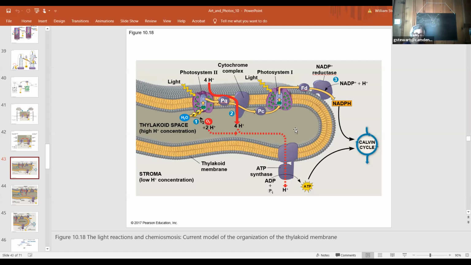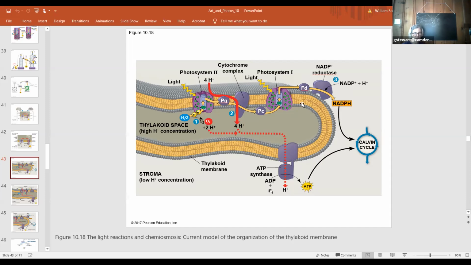And then real briefly, and I'm going to redraw my cartoon version of this picture on my board, okay? Real briefly, notice that these two molecules, the NADPH and the ATP, that we produce from non-cyclic photophosphorylation, see how they're headed to the Calvin cycle. The Calvin cycle is going to take place in the stroma, right here.